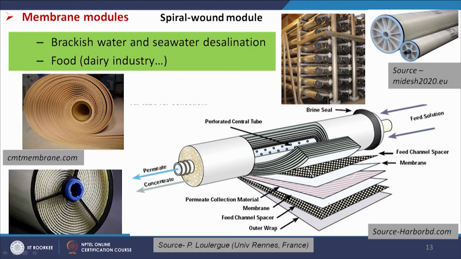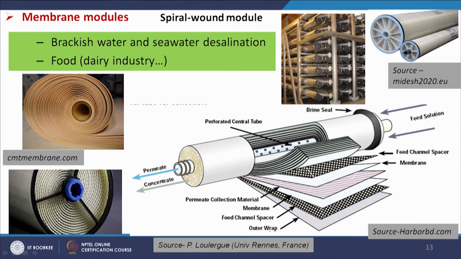Then the spiral wound module, you see here how it looks. This can be used for brackish water and seawater desalination and for treating the wastewater of the food and dairy industry or distillery industry. So, this type of spiral wound module is used. Here you see this is our permeate and this is our feed solution.